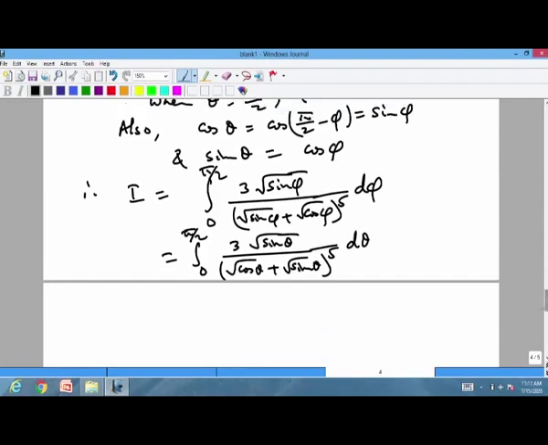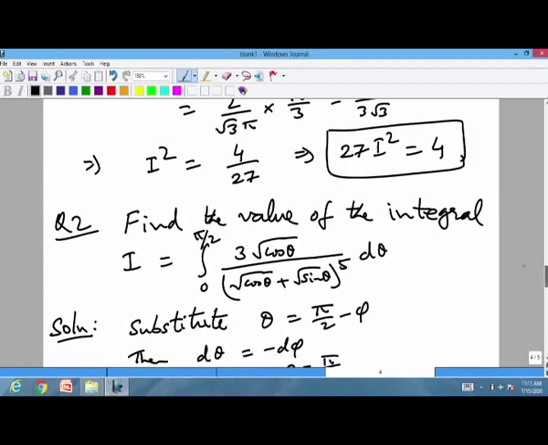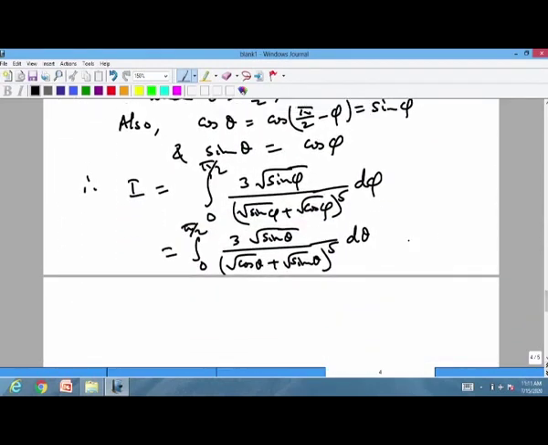So, now adding this, let me call the original equation as equation 1 and this one is equation 2.